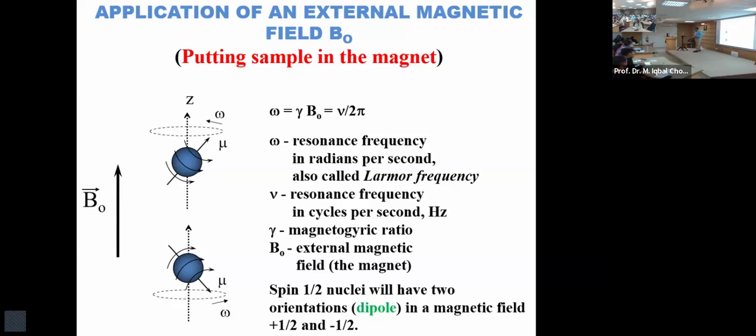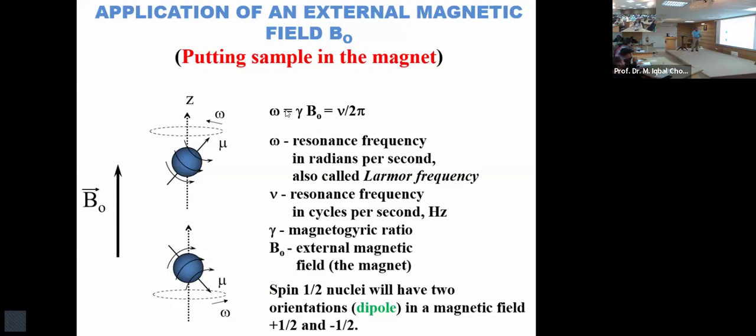B naught is the magnetic field. The stronger the magnet is, the faster the angular movement, the precession frequency. Right? So this is directly proportional.